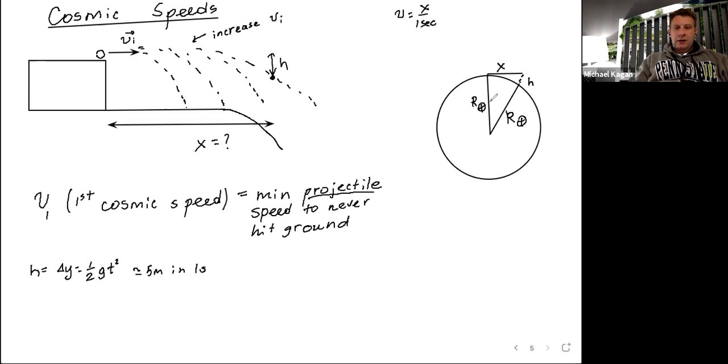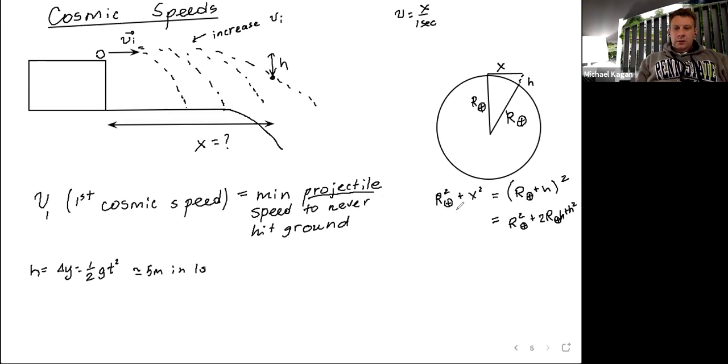Well, it's easy to write down the Pythagorean theorem here, right? R squared plus x squared equals (R plus h) squared. Then expand the right-hand side: R squared plus 2Rh plus h squared.